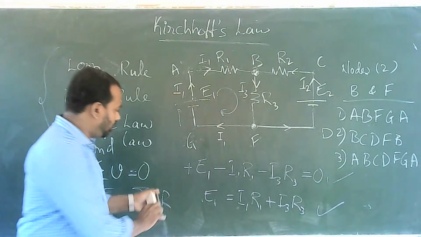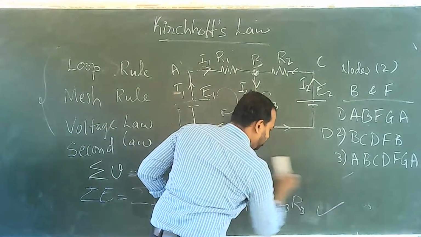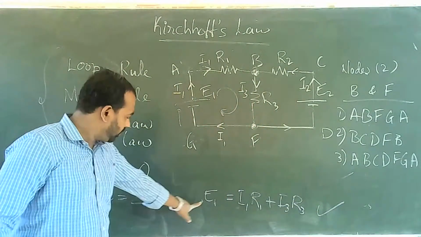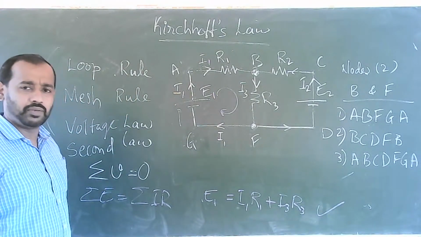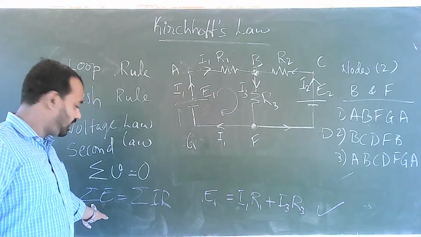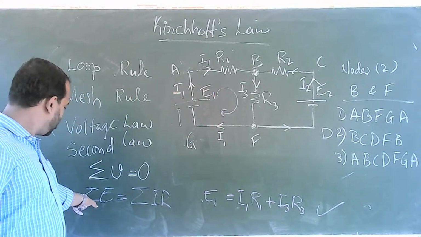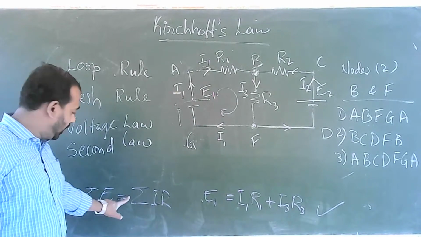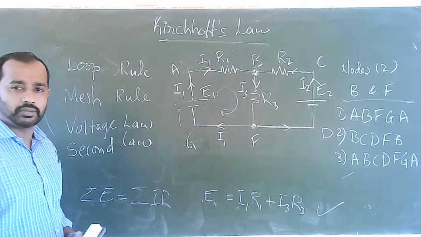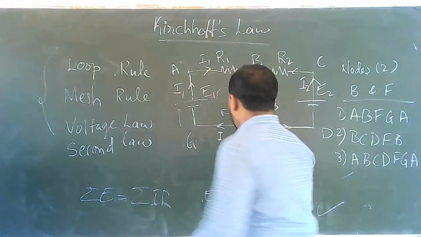I will use the first one. The second one is a little confusing. Writing the formula, the first one is easier. The second one is a little lengthy. It suggests that the algebraic sum of the EMFs should be equal to the algebraic sum of the IR drops.